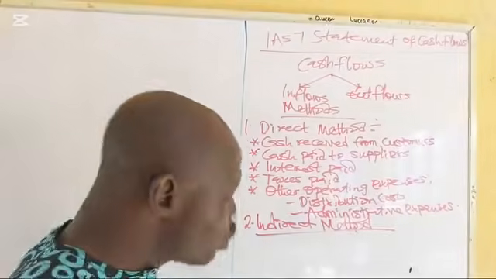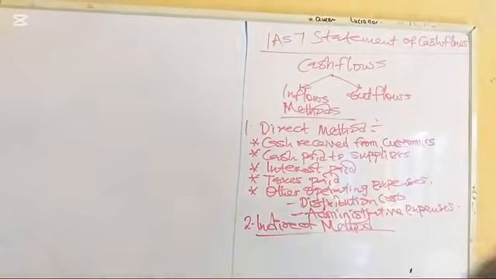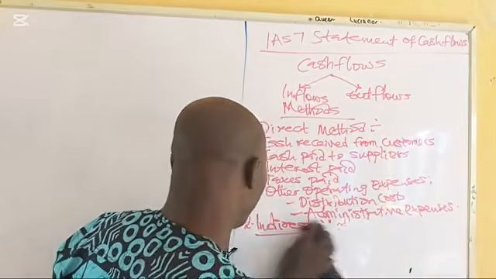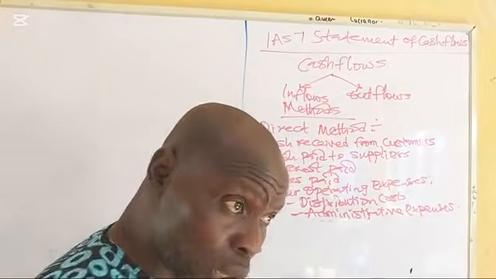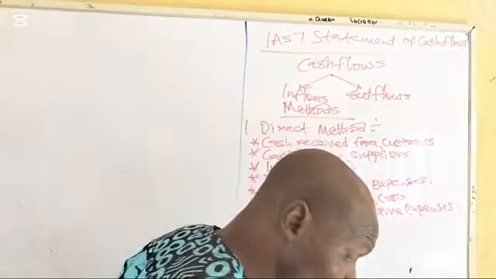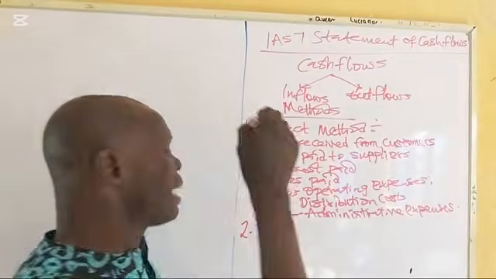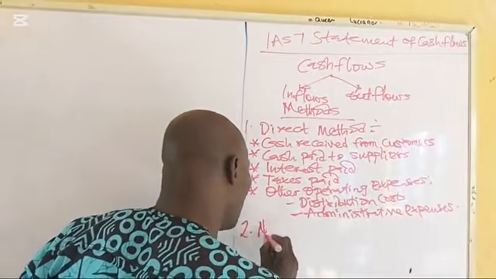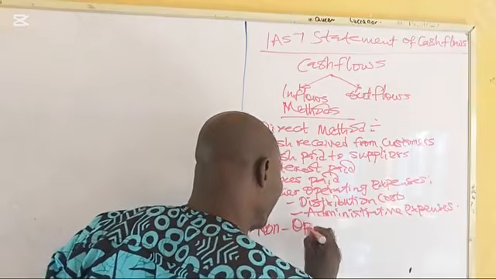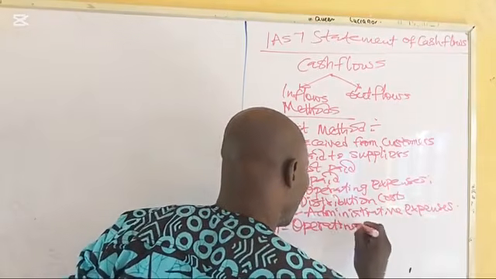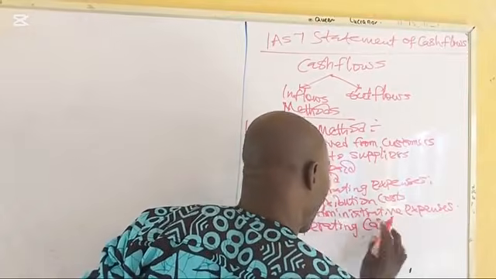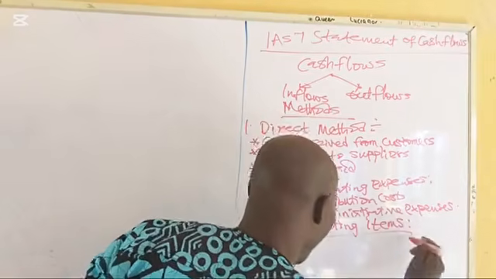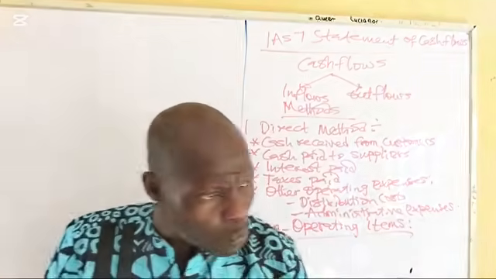Now, number two. We are still on the indirect method. Those items that require adjustment. Number two, we have non-operating cash flows or items. Non-operating items will require adjustment.